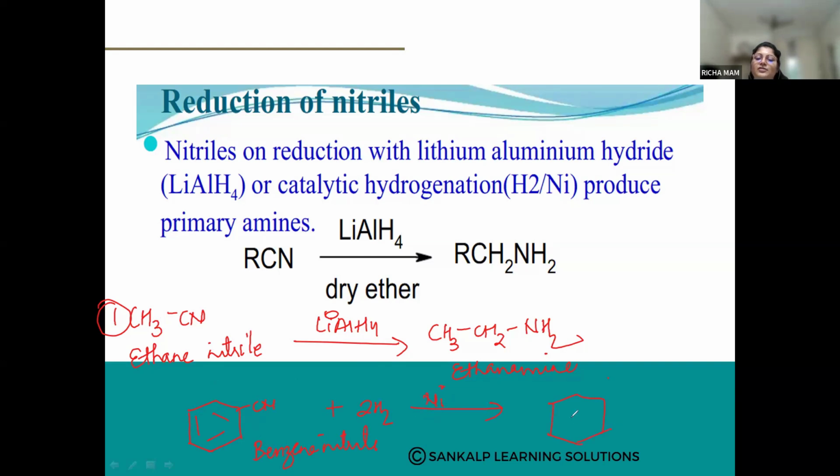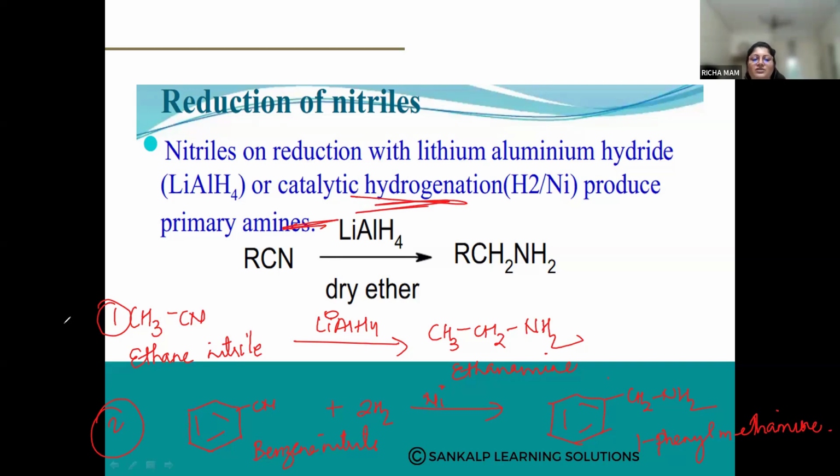I'm going to get C6H5CH2NH2, 1-phenylmethanamine. So these are the two examples of reduction of nitriles. Nitriles can be reduced with lithium aluminum hydride or sodium in alcohol, or you can do catalytic hydrogenation, and it produces primary amines. Is it clear?